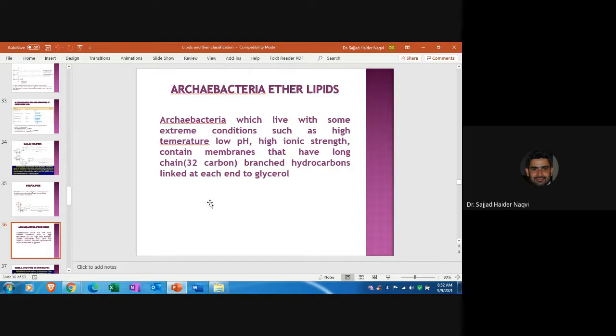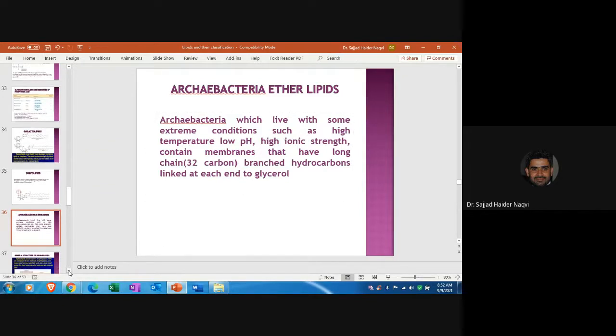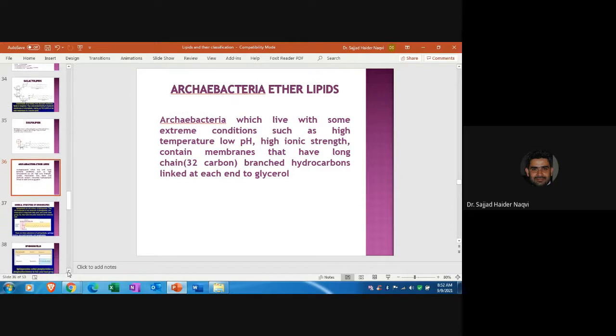Because of these extreme conditions of temperature, pH and other factors, they need membranes which can resist these conditions. And these archaeobacteria have specific types of lipids which have long chain carbon and branched hydrocarbon, and that gives them more strength to face certain extreme conditions, as we mentioned.